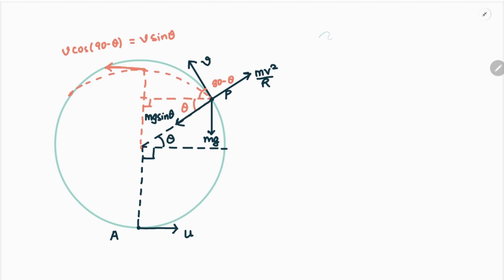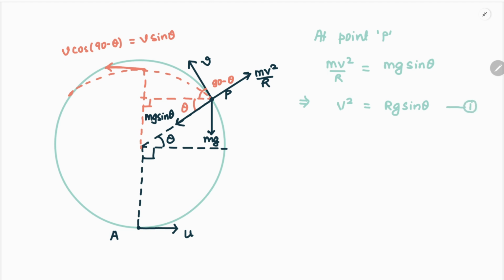So at point P we say mv square by r is equal to mg sin theta, and we have an expression between v and sin theta. So we can write over here that v square equals rg sin theta. So this is the first expression that we have.